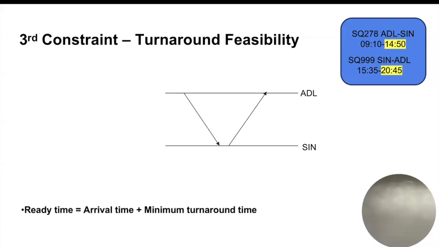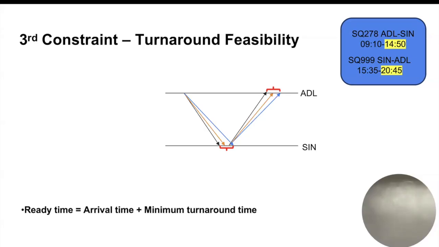This time is called the minimum turn time or turnaround time, and it varies by aircraft type. For example, if the red line represents a 60-minute turnaround time, you cannot operate both flights with one aircraft. But if another aircraft type has only a 30-minute minimum turn time, which can be seen in the orange line, then it becomes feasible.